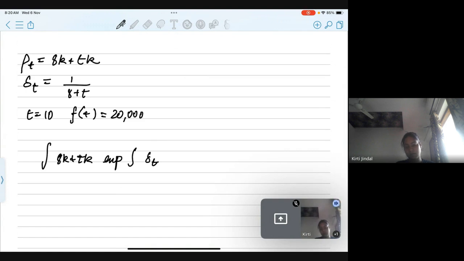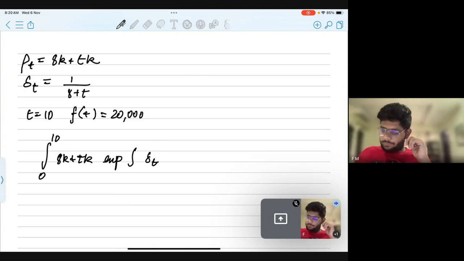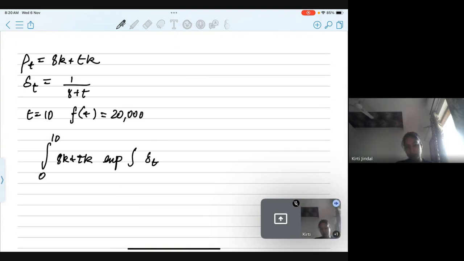And the first integration is 0 to 10, and the second integration is from t to 10.